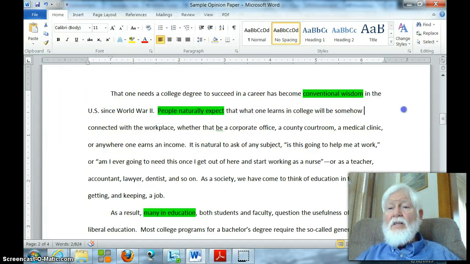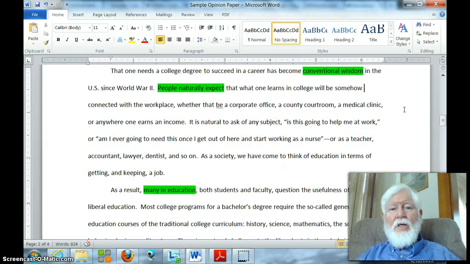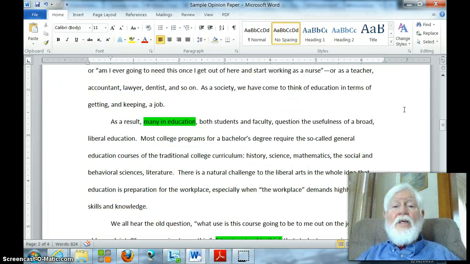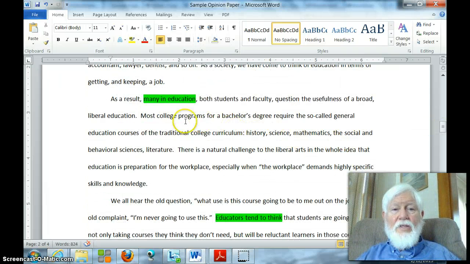And in this particular case, these phrases refer to people in general. Conventional wisdom is a conventional or stock phrase that generally refers to what the public thinks, what most people think about a subject. Notice how we begin then to focus this they. All right, many in education.